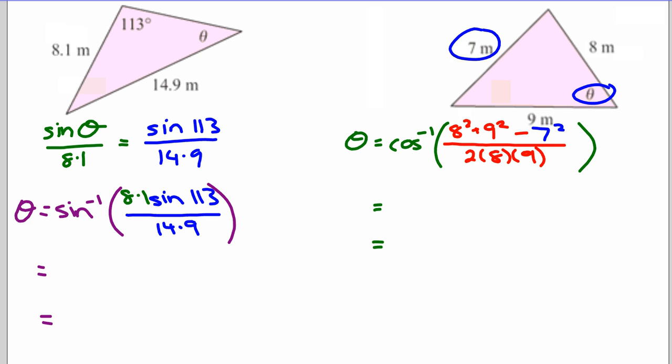Just remember that the thing that has to be in the minus a squared section has to be the length that's opposite the angle. The length that's opposite the unknown angle has to be in the a squared section, because side a and angle a should be opposite each other. So the side opposite the unknown angle should be in the minus a squared section.